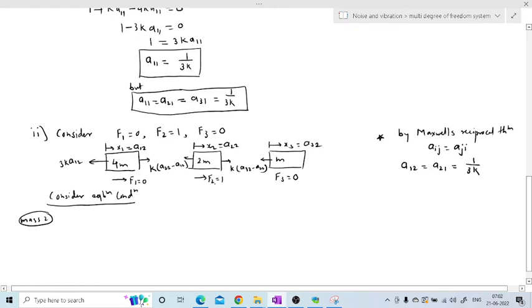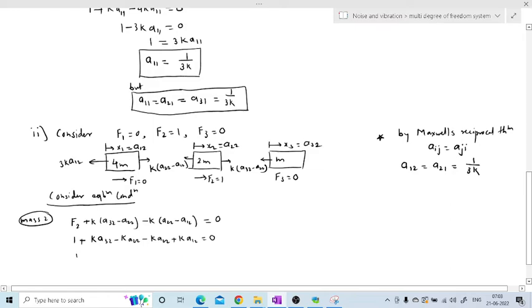Okay, so write for the second mass F2, which is on right side, then plus K times A32 minus A22, then minus K times A22 minus A12 will be equal to 0. Now what is the value of F2? It is 1, plus K in the bracket, K A32 minus K A22 minus K A22 plus K A12 will be equal to 0.